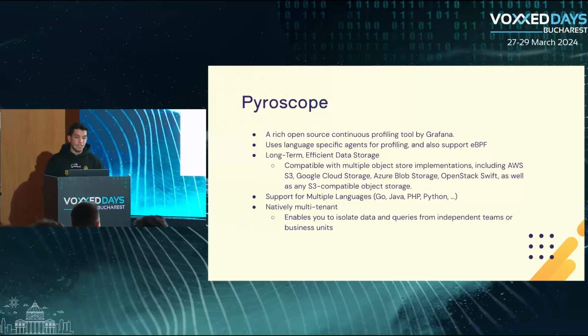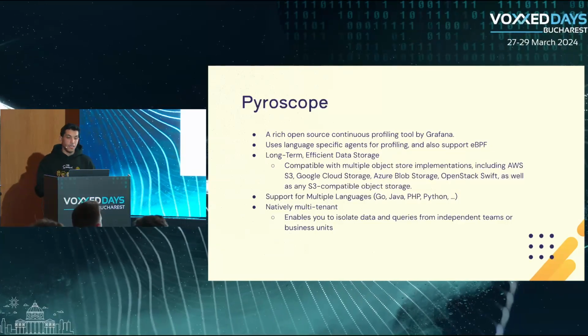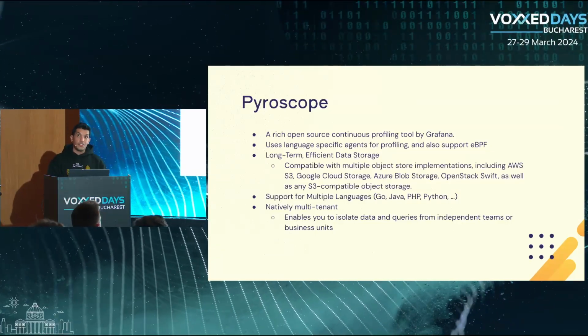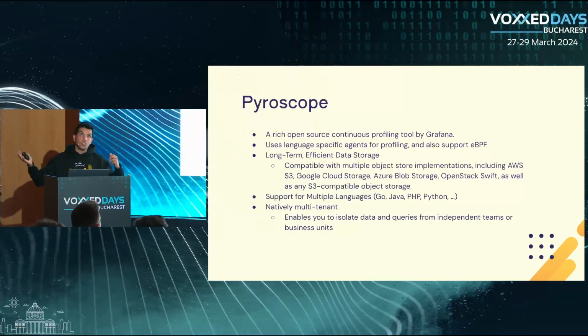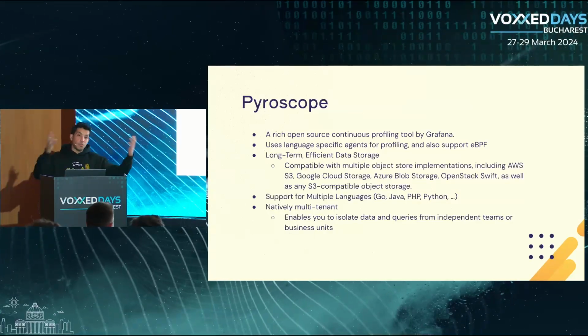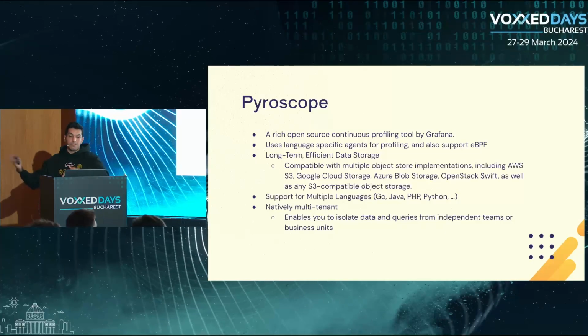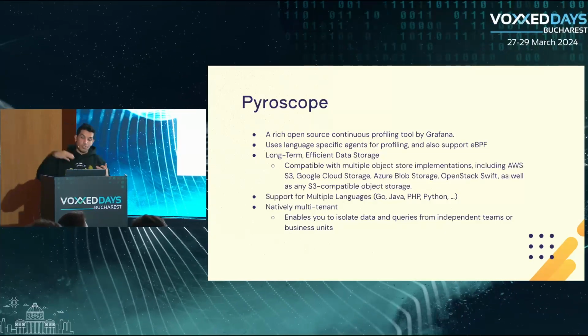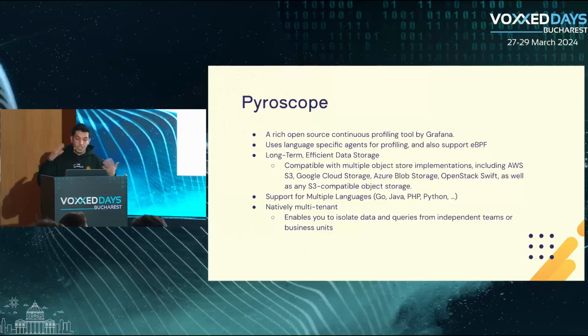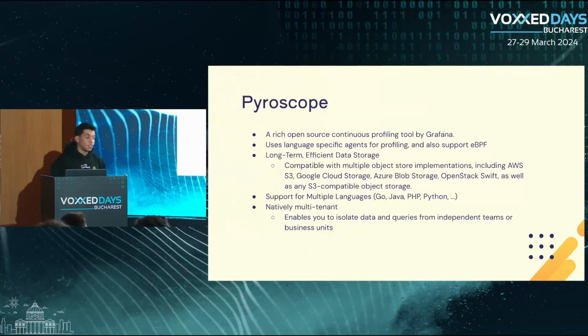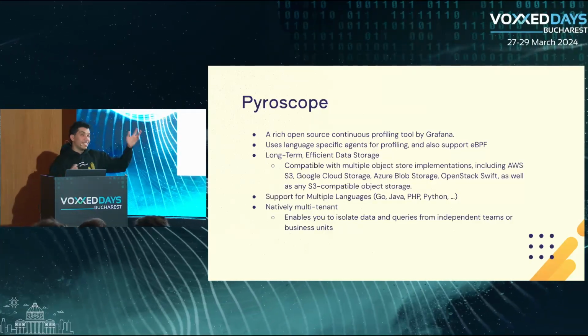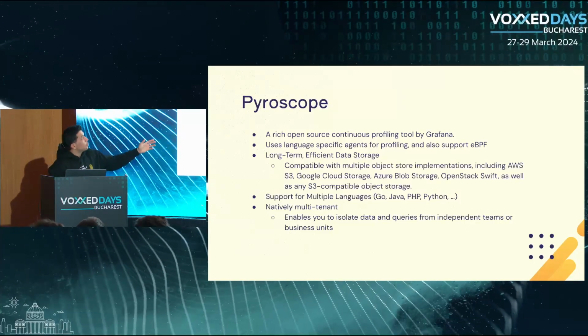Pyroscope. So Pyroscope is from Grafana. It takes the best of both worlds. It supports eBPF and it supports agent-specific profilers. It has Java with JDK Flight Recorder, Go, Rust, and so on. It has long-term storage. They claim it's efficient, but that's for you to test.